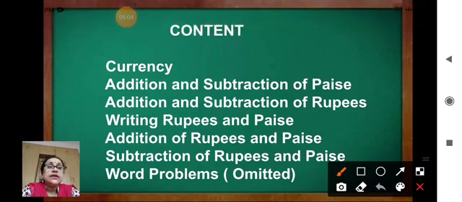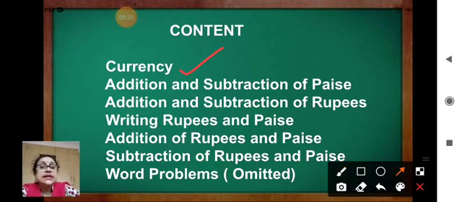Now just look at the content. Today we will be doing currency, addition and subtraction of paise, addition and subtraction of rupees, writing rupees and paise, addition of rupees and paise, subtraction of rupees and paise.